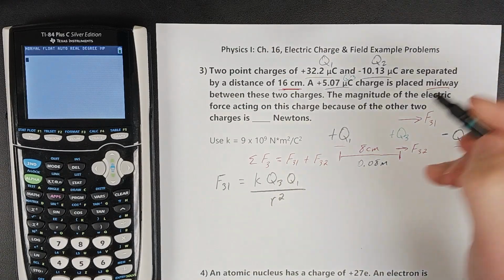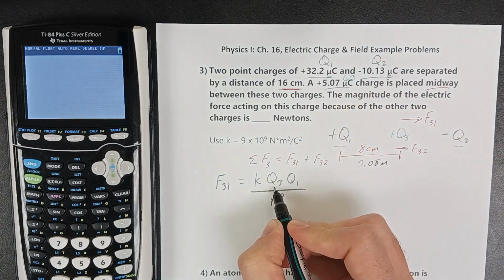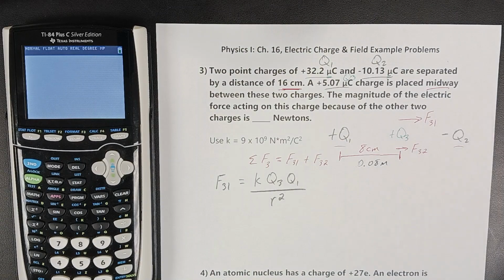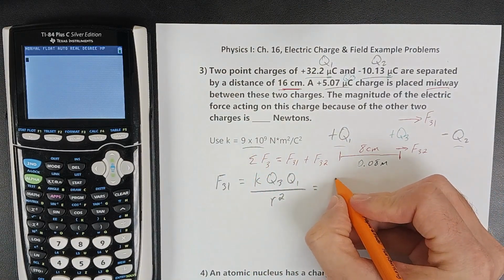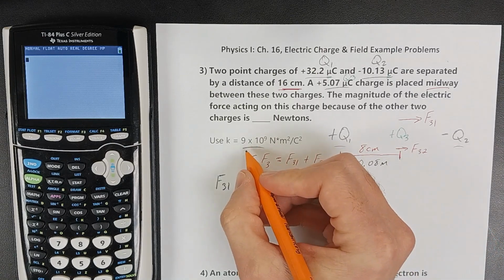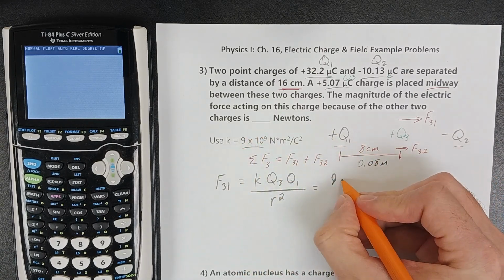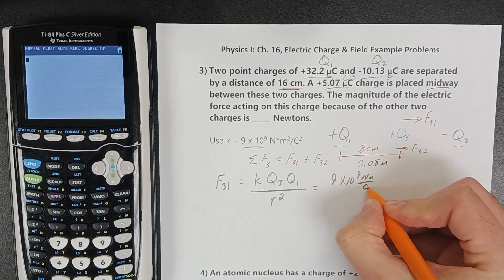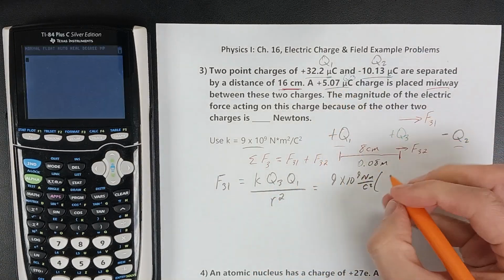We'll also notice these charges are measured in microcoulombs. So as I go to plug them in here, I'm going to convert those to coulombs. We'll take our Coulomb's constant, and I have rounded that. Sometimes we use 8.988 times 10 to the 9. I rounded this one, just going to use 9 times 10 to the 9 newton meters squared per coulomb squared times charge 3.